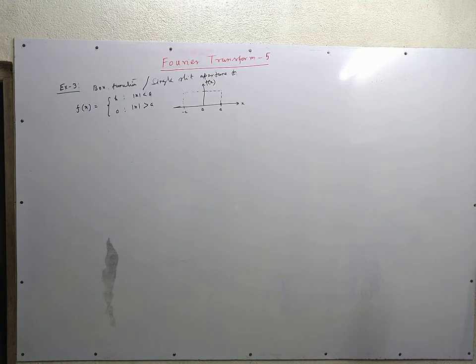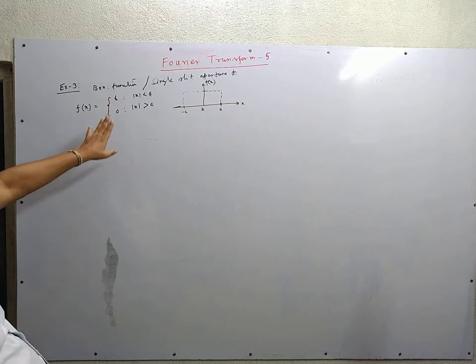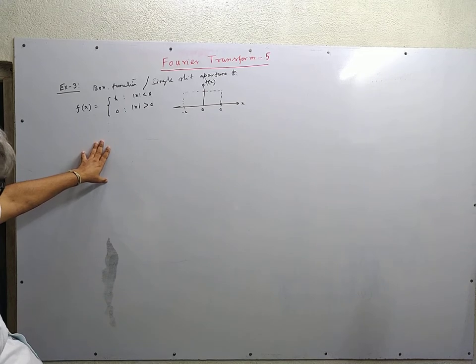And secondly, we considered the function which is a constant in position basis, and we found that its Fourier transform is a delta function. Now we consider a function called the box function, defined as f of x equal to h for mod x less than a and 0 for greater than a.